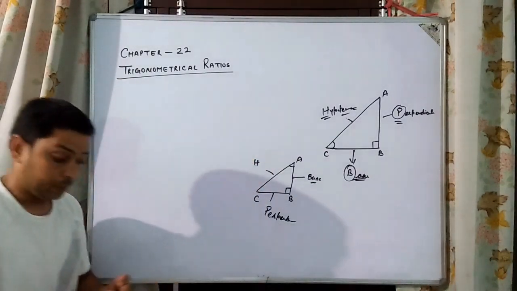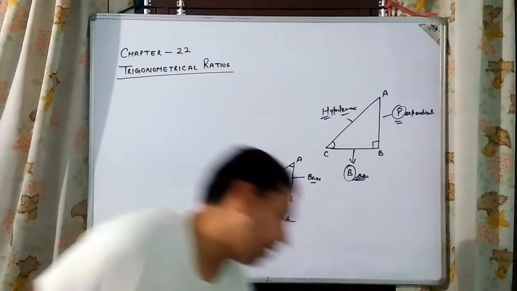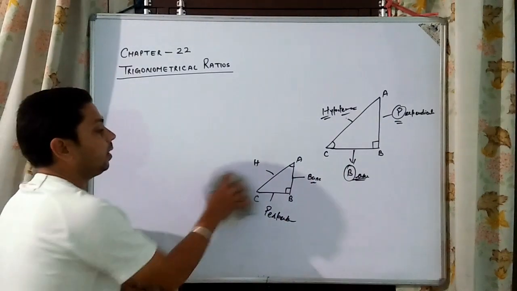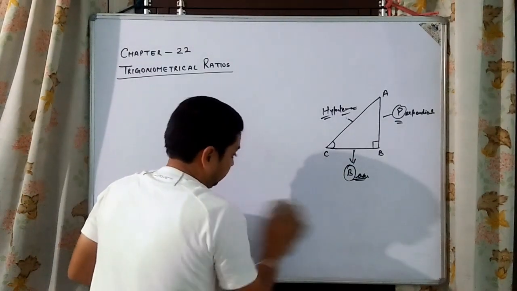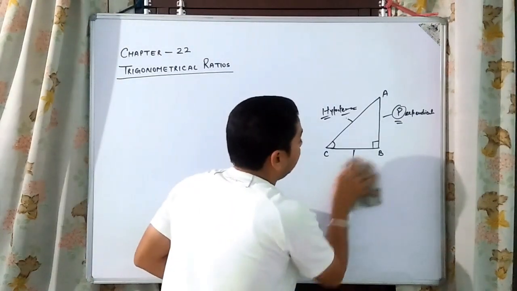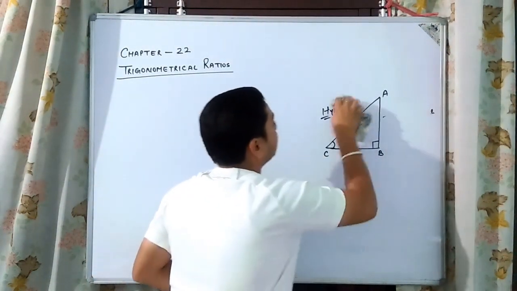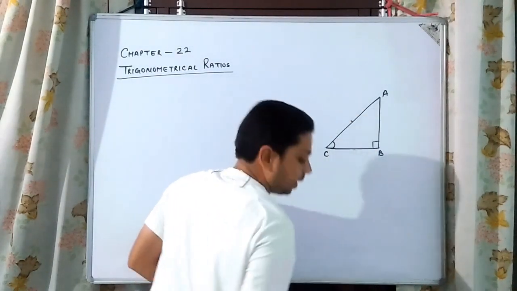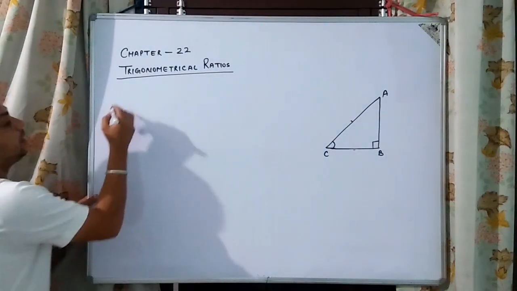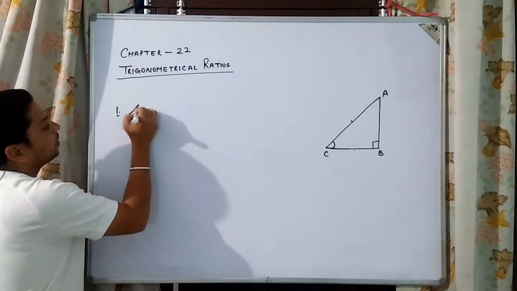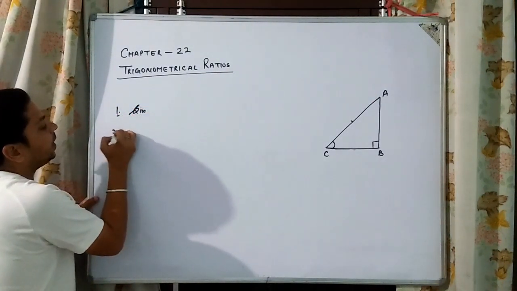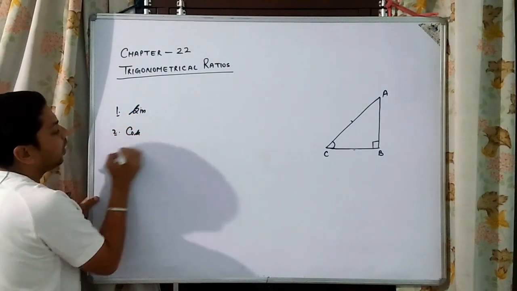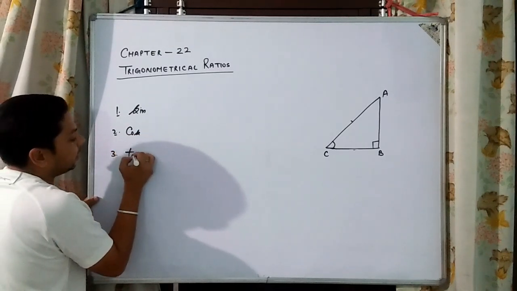Now we have the term trigonometrical ratios here. We have three basic trigonometrical ratios. First is sine, second is cos, and third is tan.